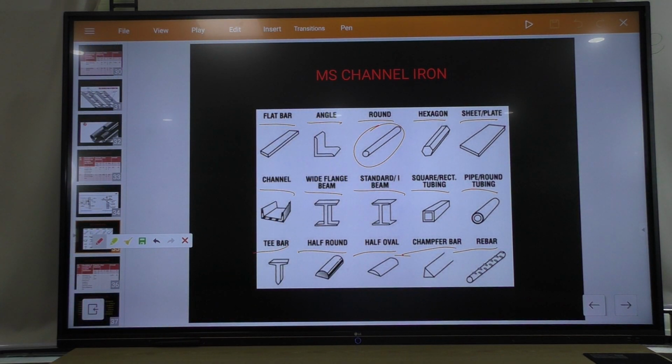These are the different types of MS channel required to support the H pole structure.